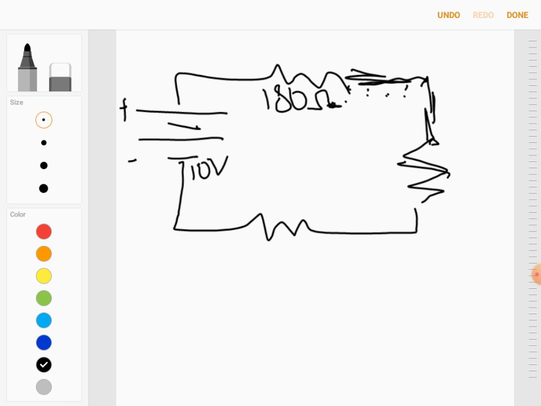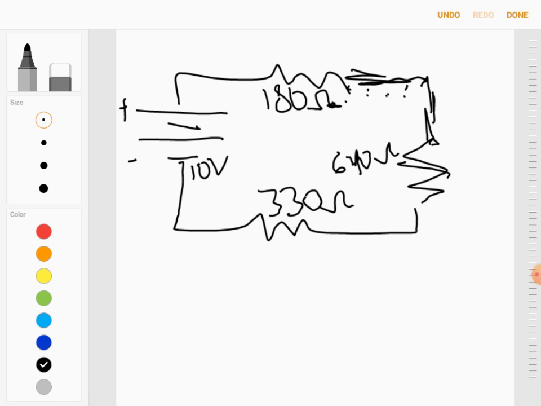Then the second resistor is 640 ohms. And then the last one is 330 ohms. The things it wants us to find are total resistance, total current, and total voltage, as well as voltage V1, V2, and V3. So those are the things we need to find.